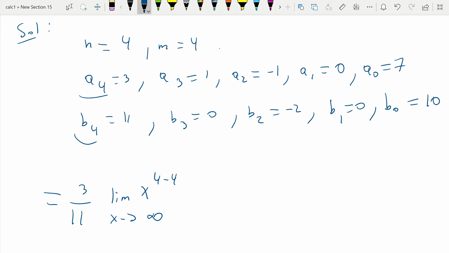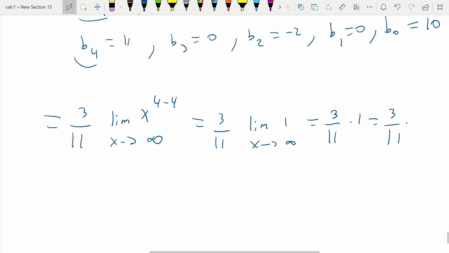But x^(4-4) is x^0, which is equal to 1, and the limit of 1 as x approaches infinity is just 1, so we get 3 over 11 times 1, which is 3 over 11. So this is the way this works.